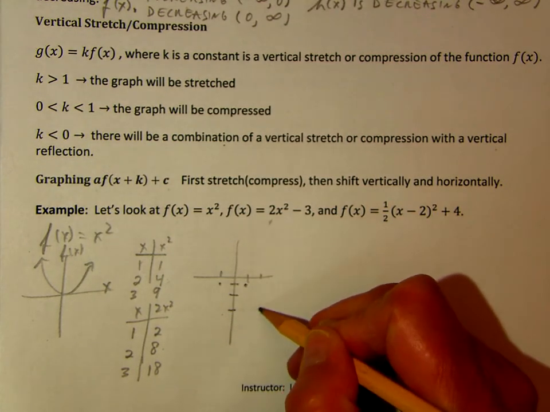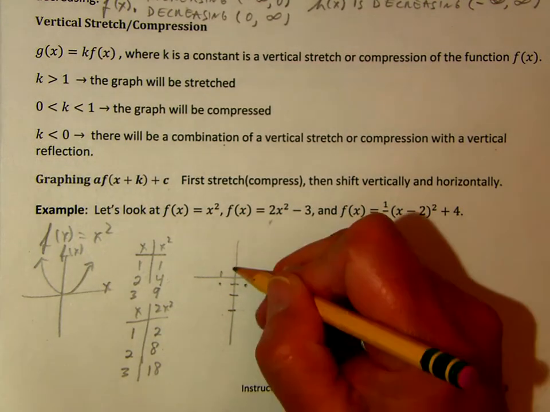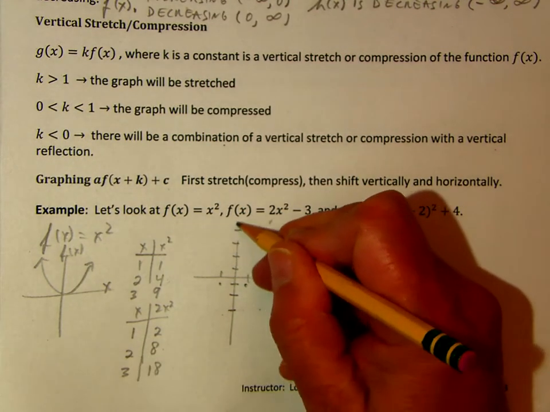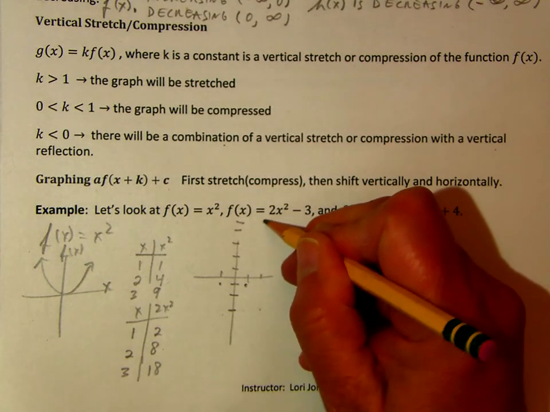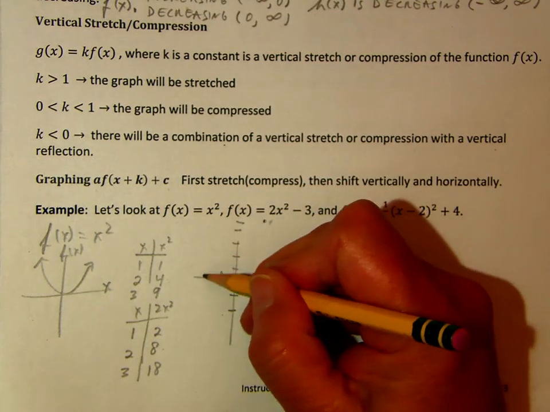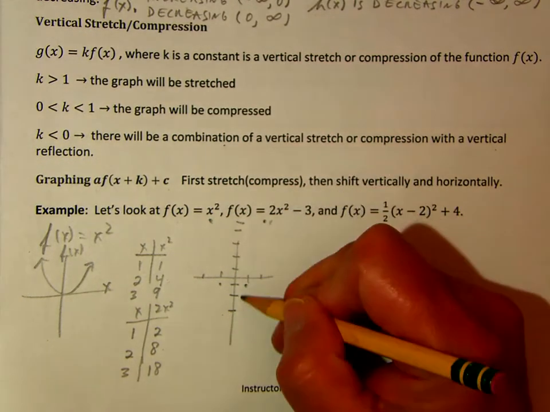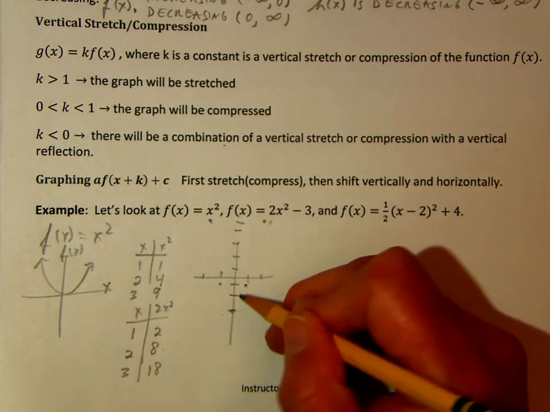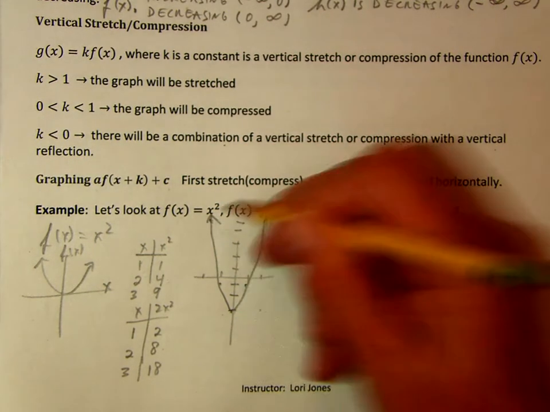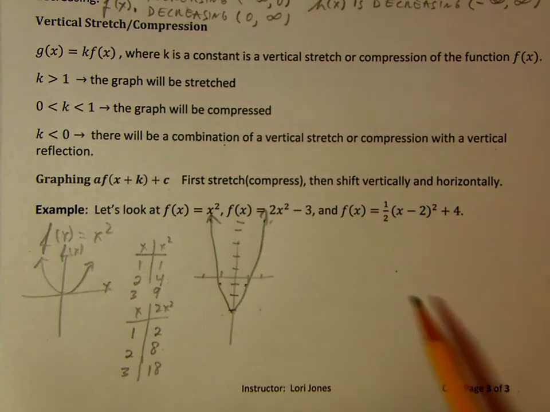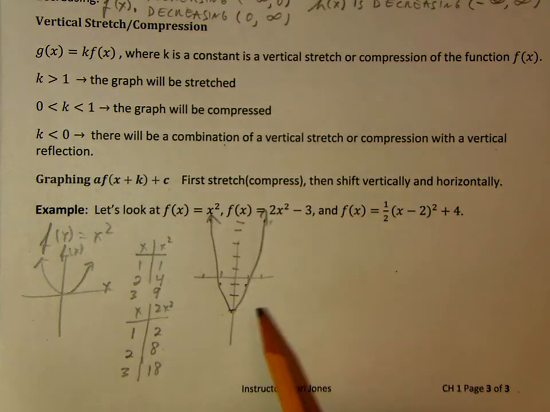Over 2, I would be 8 up. 1, 2, 3, 4, 5, 6, 7, 8. So f of x equals 2x squared minus 3 looks something like this.